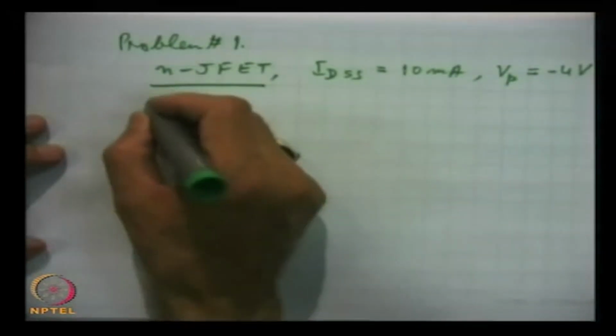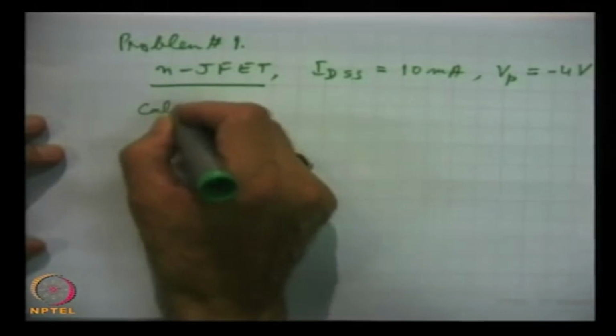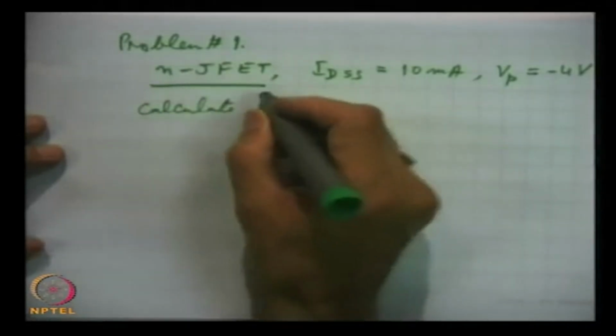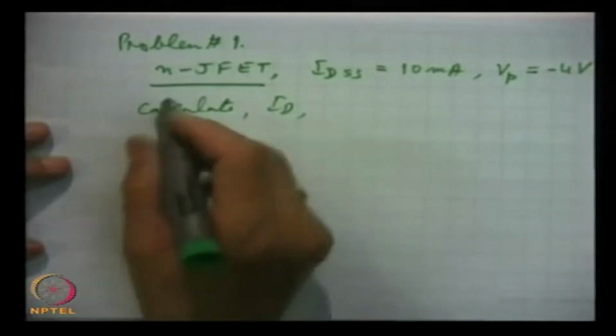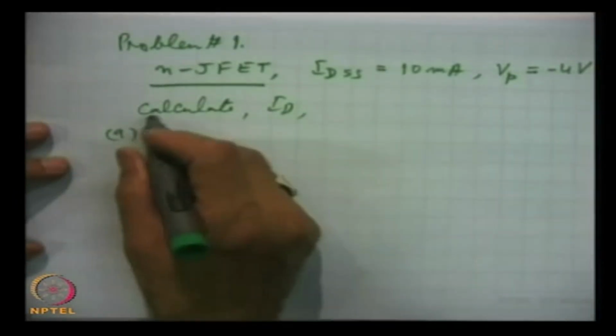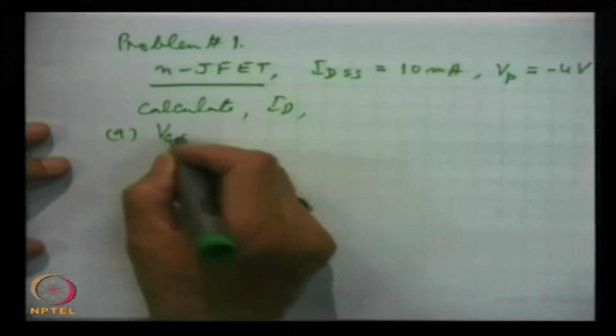Then we have to calculate the drain current ID for different voltages between gate and source. A part: VGS equal to 0.